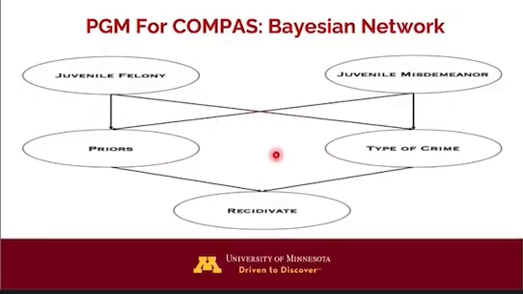This particular graphical structure was actually put in place by an expert in the legal system. Now I need you to pay attention to this: juvenile felony and juvenile misdemeanor. I want to believe these are the two of them here. They are the kind of offenses committed by a child. One is serious, the other one is not.